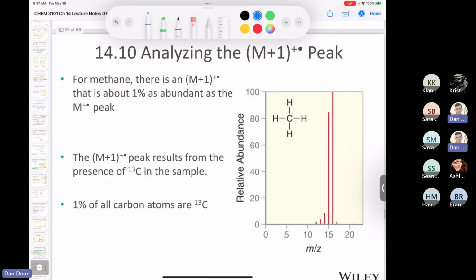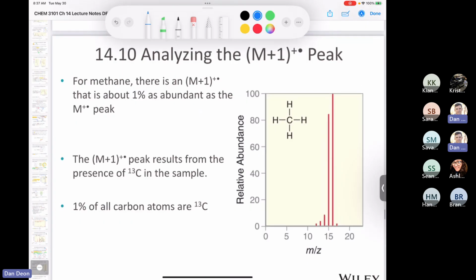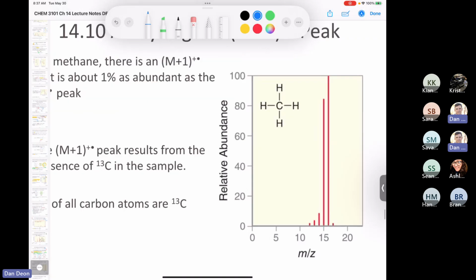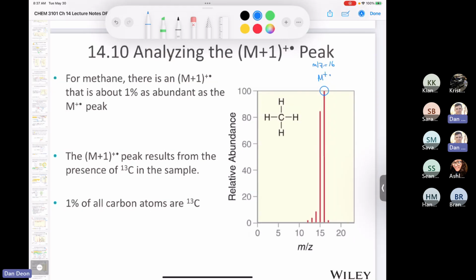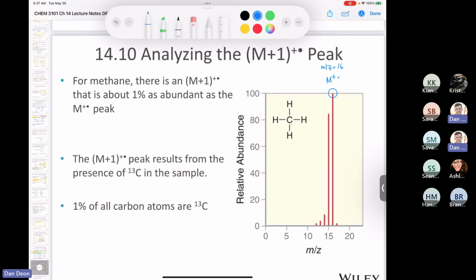Okay. Let's see here. If you're very astute, and I know that every one of you is, you probably noticed that in the mass spectrum of methane, which is the simplest possible organic compound, we already identified the molecular ion. This is our parent ion here, which is a mass over charge equal to 16, and we worked out the mass of the methane molecule.